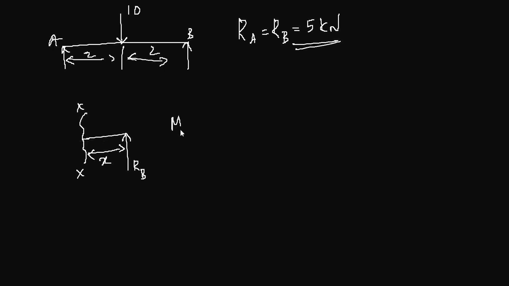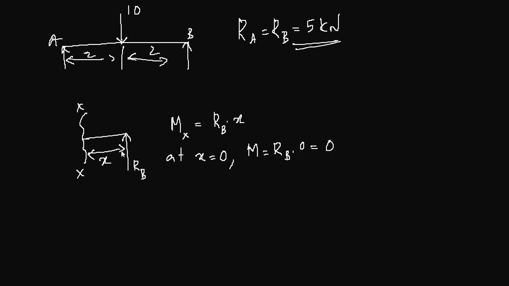So the moment about the section is equal to RB times the distance, that is x. Now you need to allocate values for this x. At x equal to 0, moment will be RB times 0, that is 0.